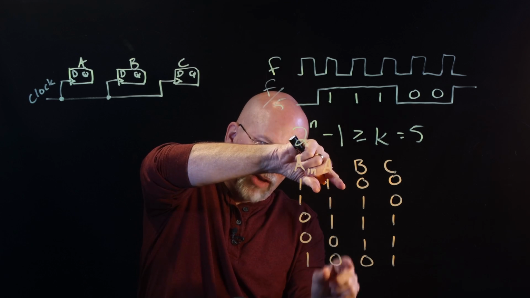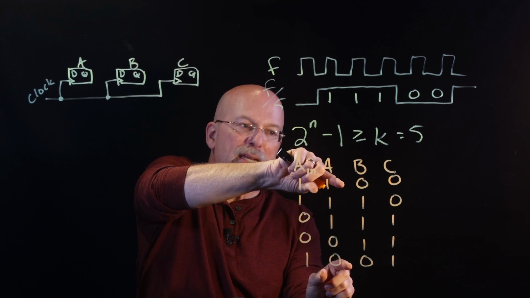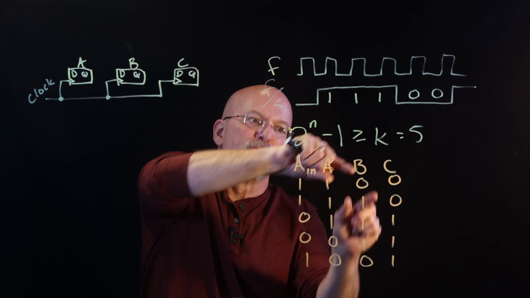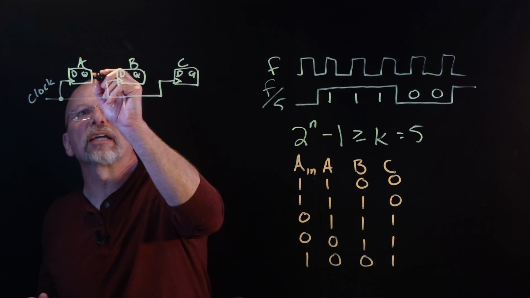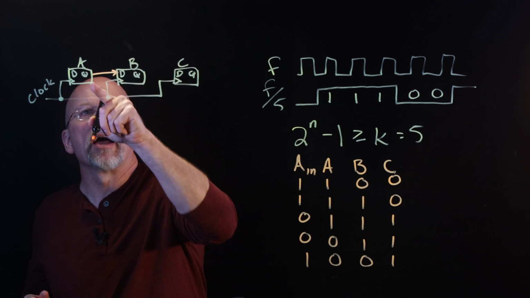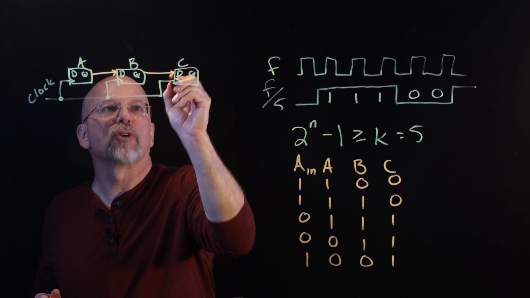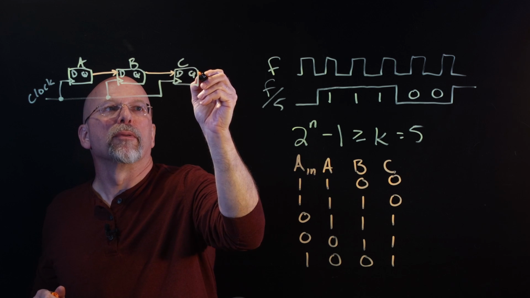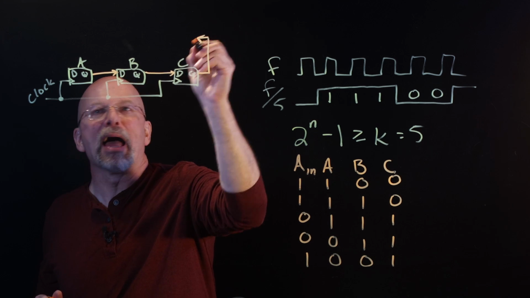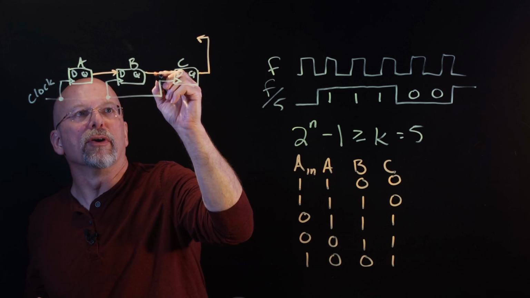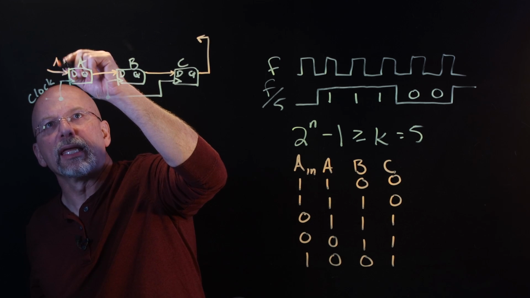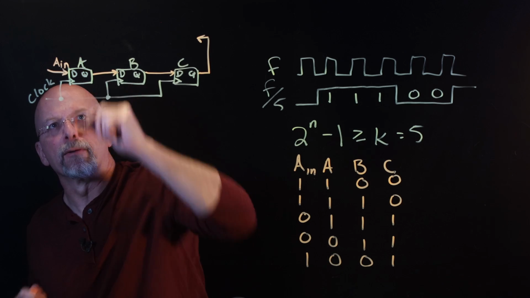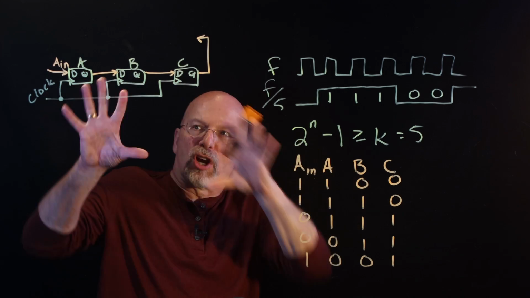And then these values of A are needed to be the input to B so that on the next clock cycle they get shifted into B. And so we get this connection that A drives B and that B drives C. And remember that we're going to get this coming back along with other inputs from A and B to drive what's going in to A. All right? And so there's our general circuit.